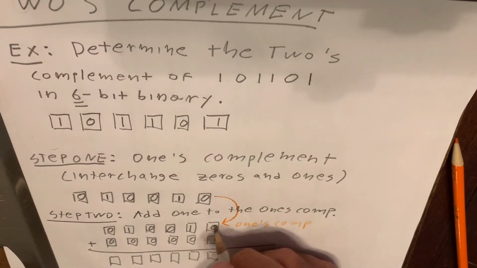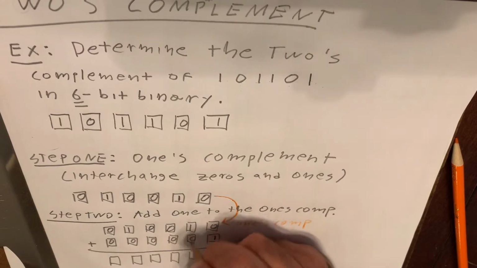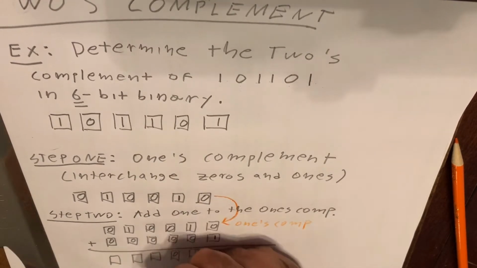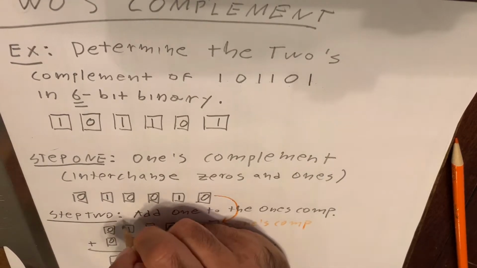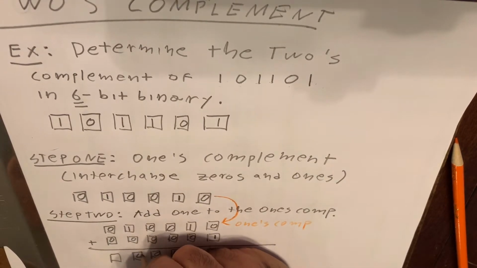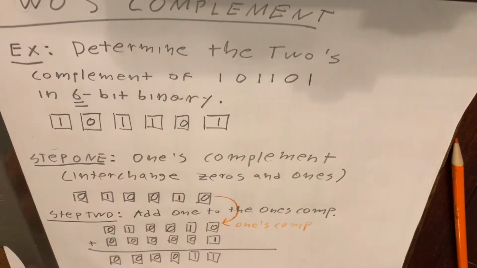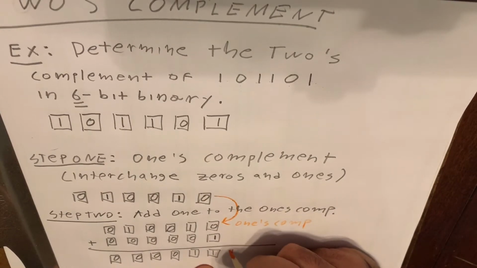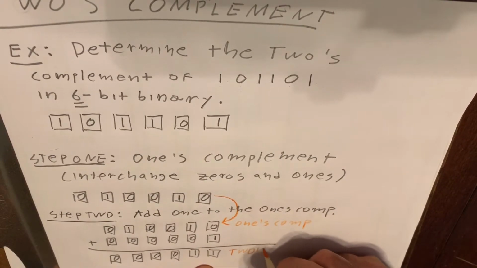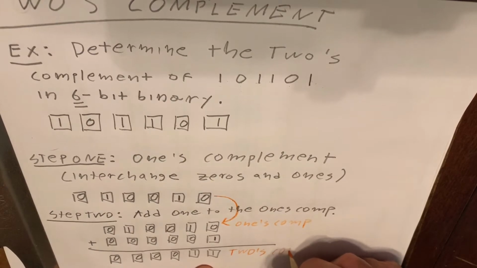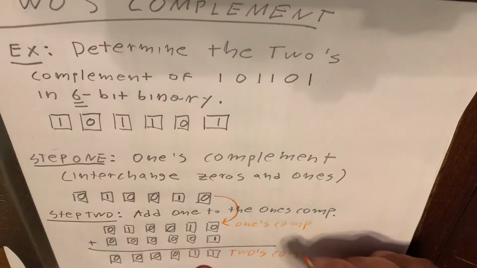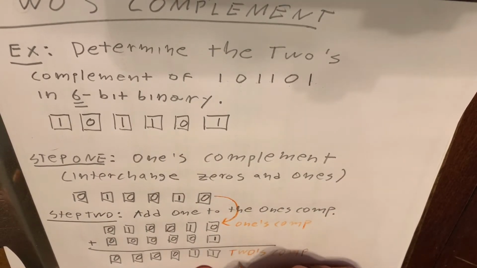And so we just take 0 plus 1 is 1, and 1 plus 0 is 1, and 0 plus 0 is 0, and 0 plus 0 is 0, and 1 plus 0 is 1, and 0 plus 0 is 0. And this is your answer. This is your 2's complement. And this is your final answer.